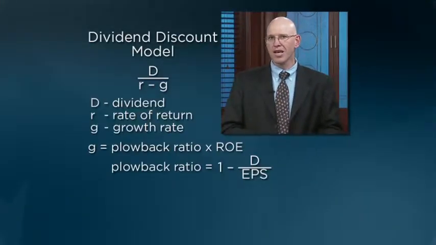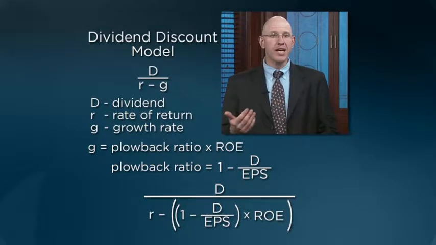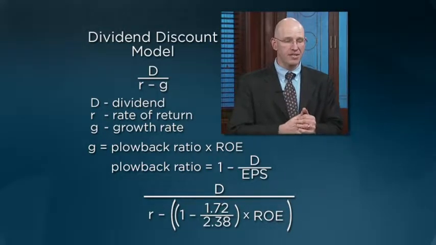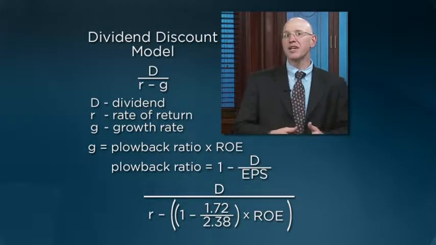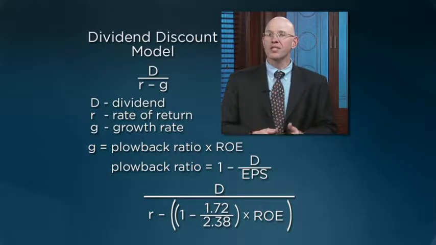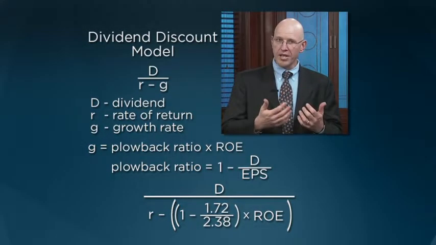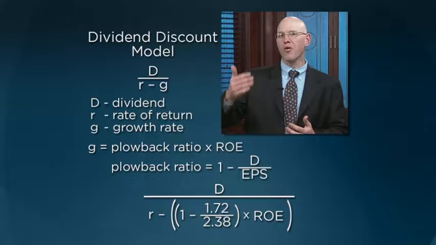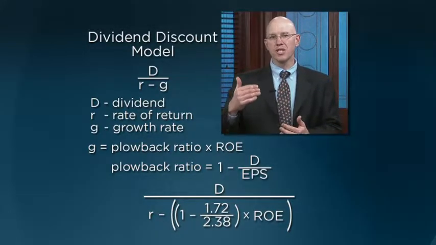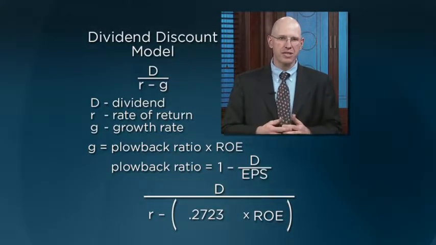As I mentioned a minute ago, many free financial sites carry all these numbers. So let's take a look at AT&T once again and see what this method of applying the DDM has to say about AT&T's price. Now, the EPS forecast I found for AT&T was $2.38, which together with the dividend of $1.72 implies that the plowback ratio is 1 minus $1.72 over $2.38, which equals 27.23%.